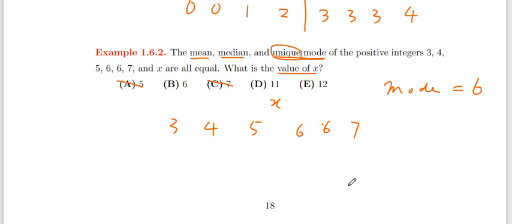Okay. So this is the key. The mean, median, and mode are all 6. So let's just check. How about x equals 6? If x equals 6, is that okay, or x equals 11, or x equals 12?